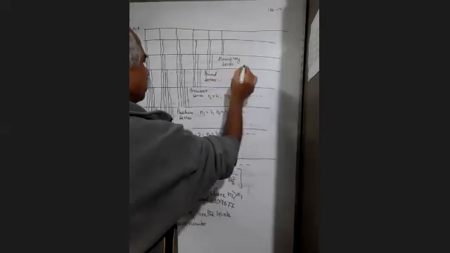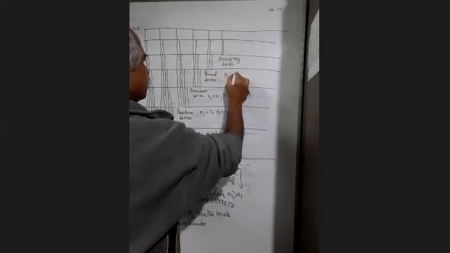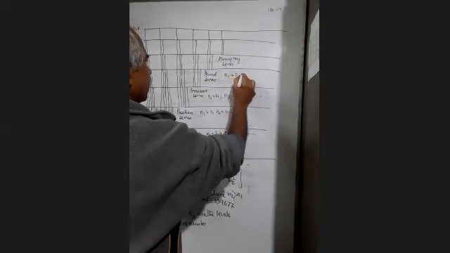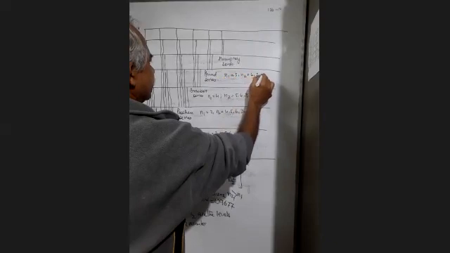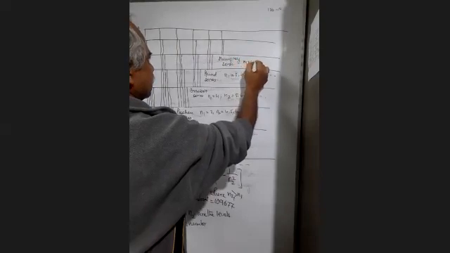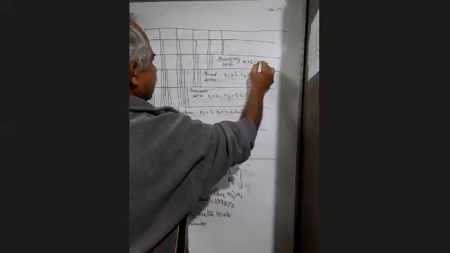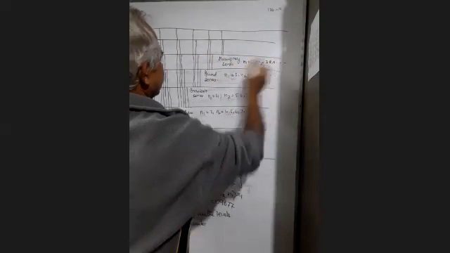For Pfund series, n1 is equal to 5 and n2 is equal to 6, 7, 8. And for Humphrey series, n1 is 6 and n2 is 7, 8, 9.